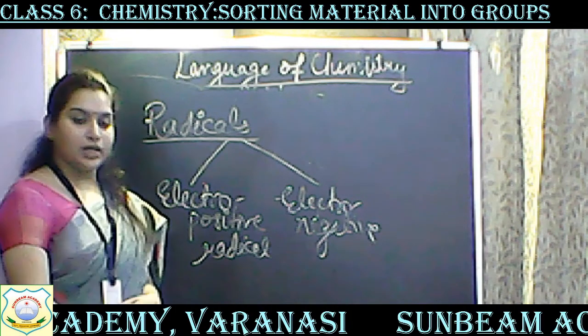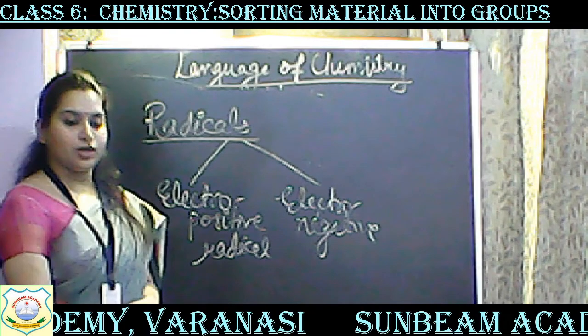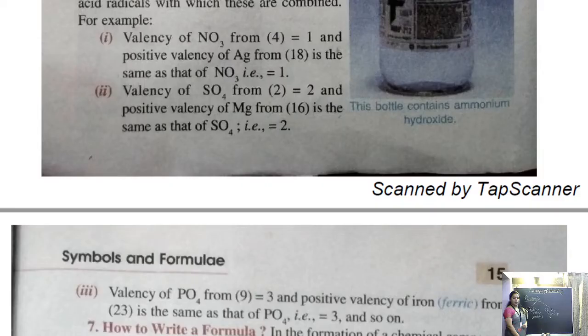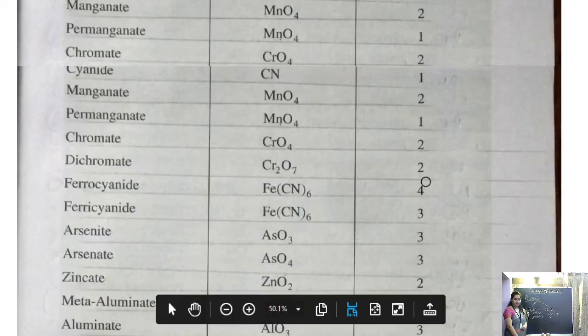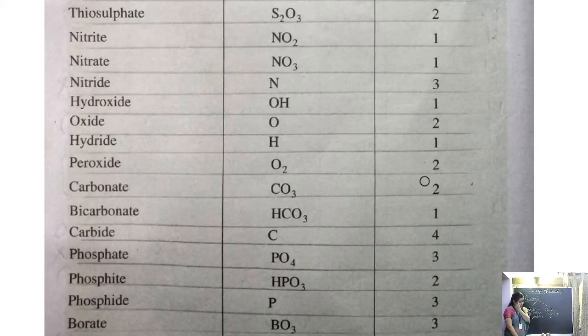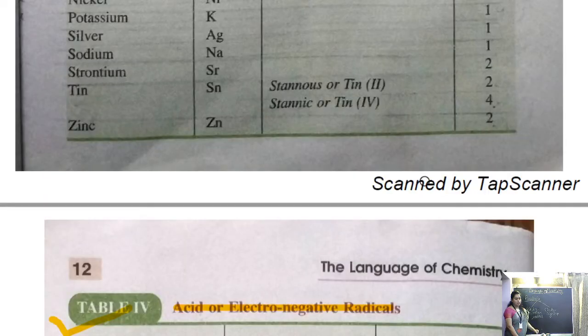So children, here in your book, table 4 and table 3 both have the electropositive and electronegative radicals. Okay? So just have a look here.